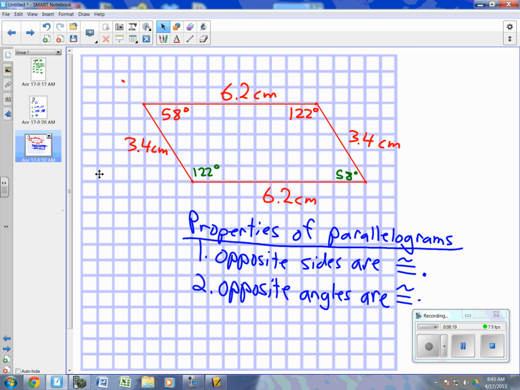Now, I want you to add any two consecutive angles on your paper. Actually do the addition off to the side like this.